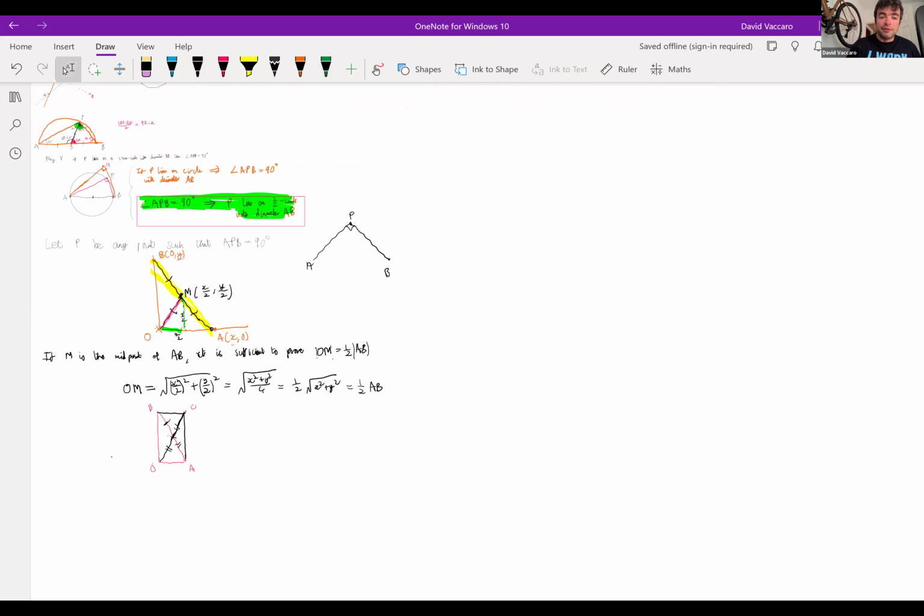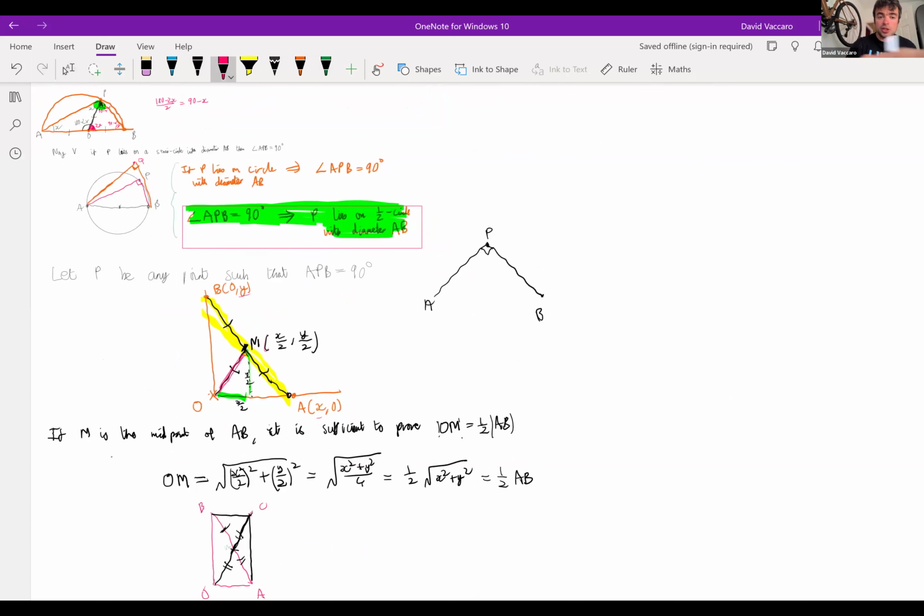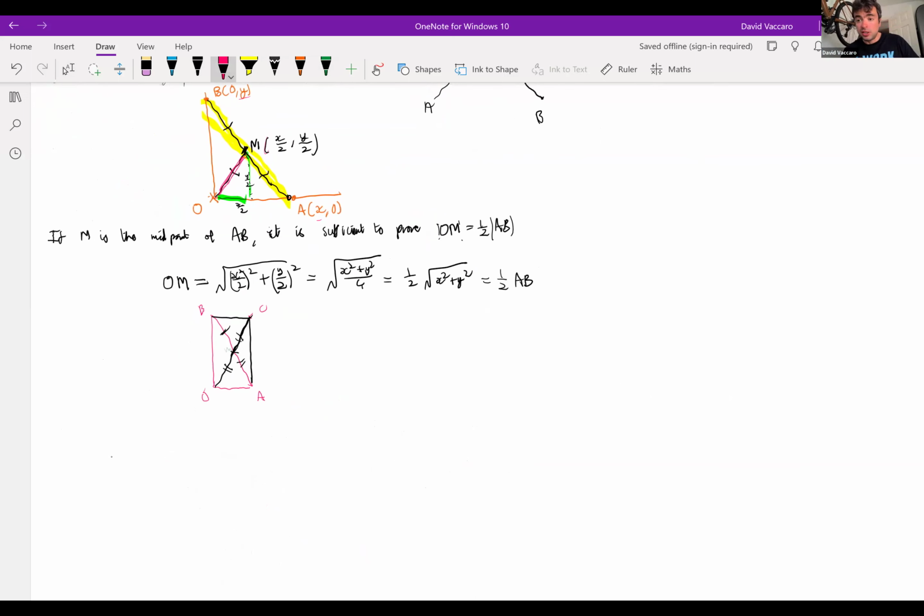So what we now have is two separate arguments. We've got one argument, which was Nag's, that tells me that if P lies on a circle, that implies the angle APB is 90 degrees.